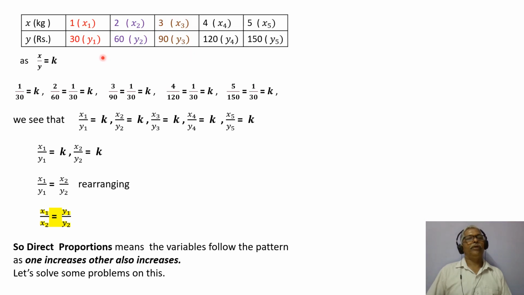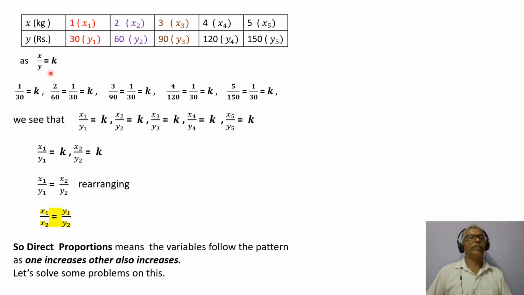So we are continuing with the same example. I have copied the table here to understand it. 1 kg, 2 kg, 3 kg, and the corresponding values of y, denoted as first value x1 y1, x2 y2, x3 y3, like that.